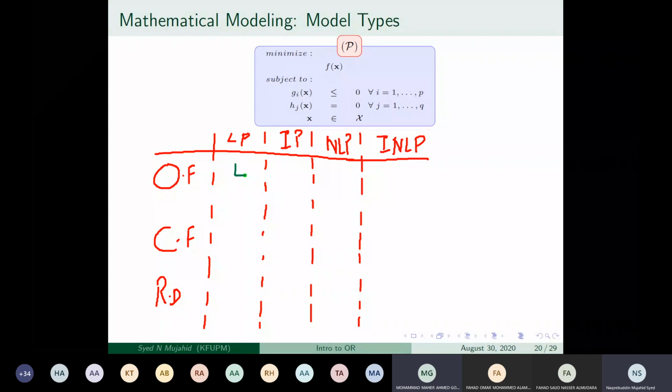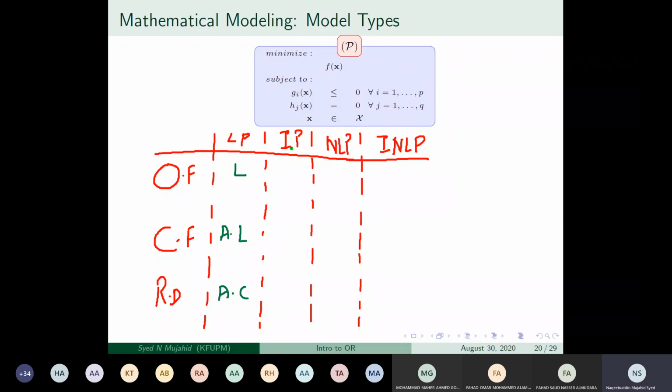Objective function should be linear, that's correct. What about the constraint functions? All linear. Yeah, all of them should be linear. Yes, that's correct. And the restriction domain should be all continuous. So if this is the thing in your mathematical model, then it is a linear program. And in your 303 notes or slides, you will find that all the models have these properties.